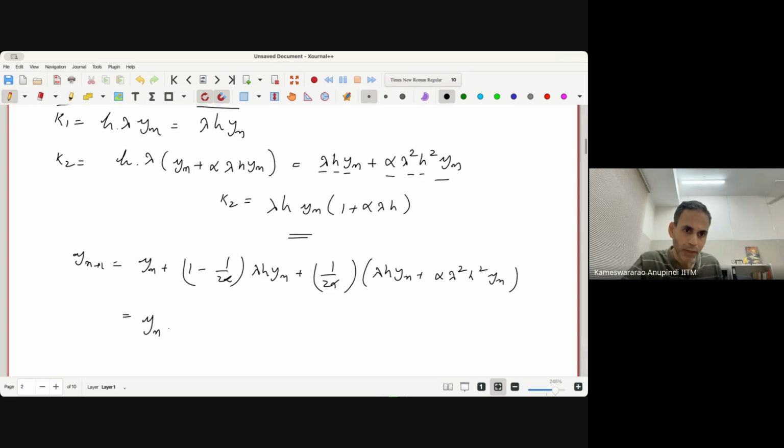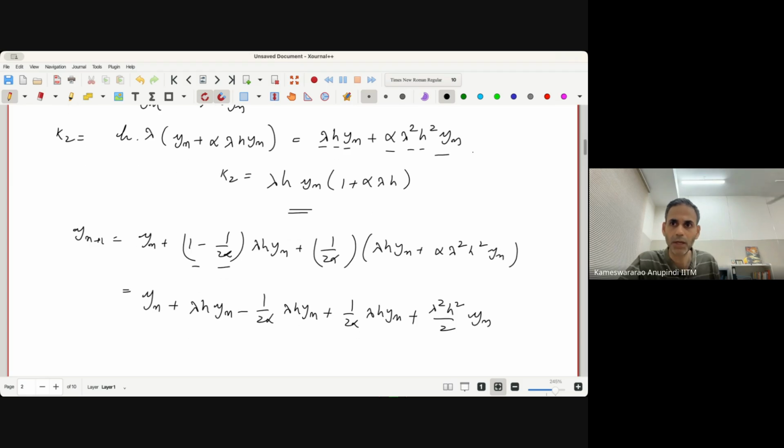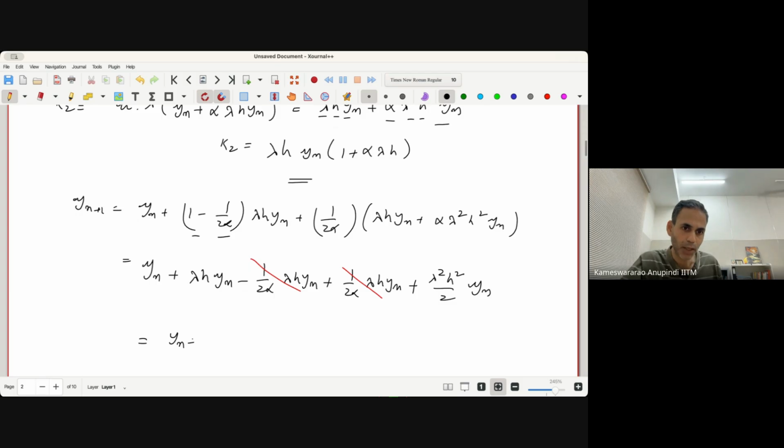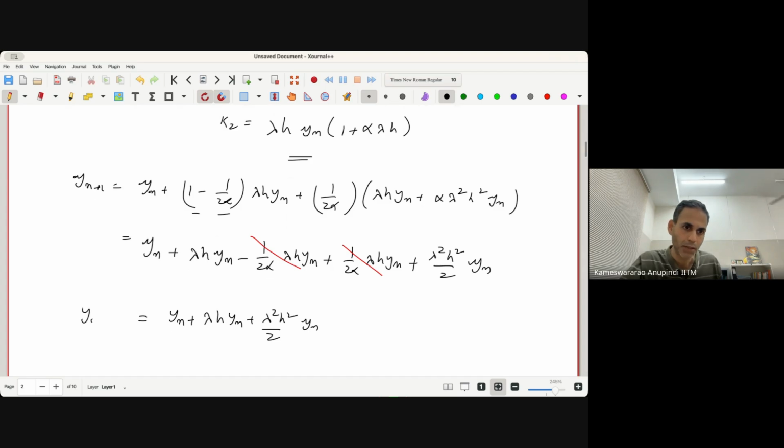When you multiply these out, you get yn plus lambda h yn, minus 1 by 2 alpha lambda h yn plus 1 by 2 alpha lambda h yn, plus, with alpha cancelled, lambda square h square by 2 yn. The minus 1 by 2 alpha lambda h yn and plus 1 by 2 alpha lambda h yn cancel. So we end up with yn plus lambda h yn plus lambda square h square by 2 yn. Okay, that is my yn plus 1.